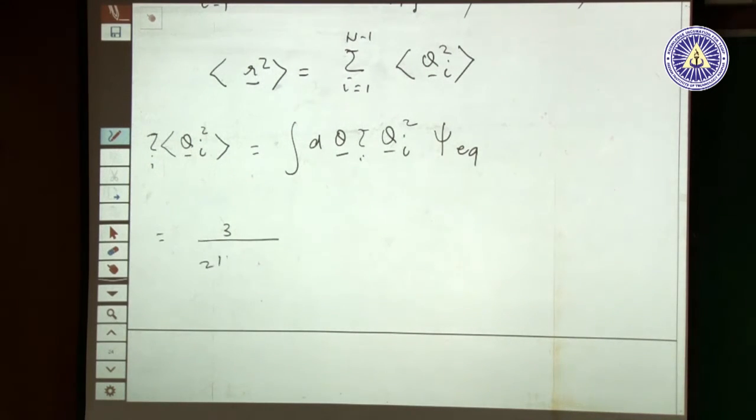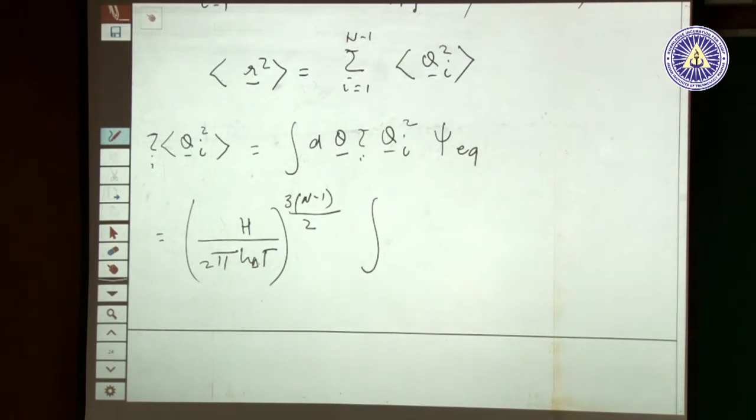Okay, 3 over 2 pi, so the k_B T and this H. I don't think there is an H. 3 n minus 1 over 2, integral dq, and this is sum over i of q_i squared and e to the power minus 3 over 2 k_B T, no, H. Is that right? Did I get the whole thing? Okay.